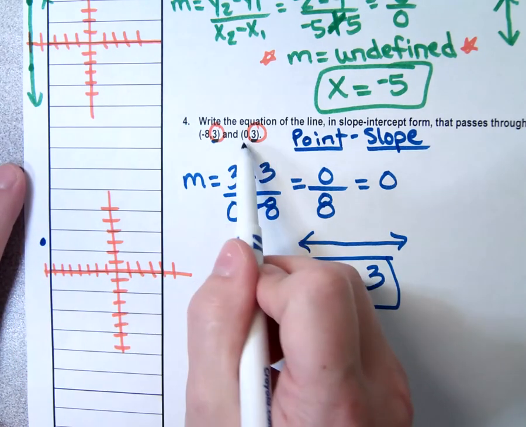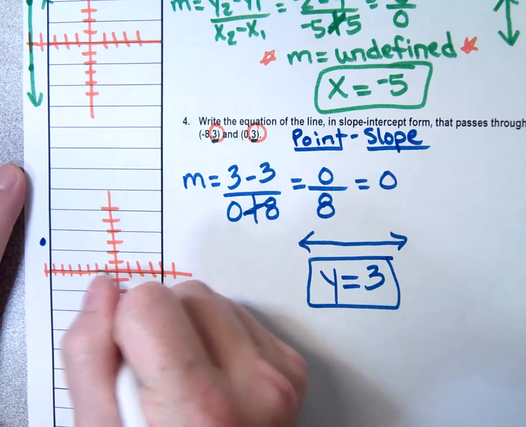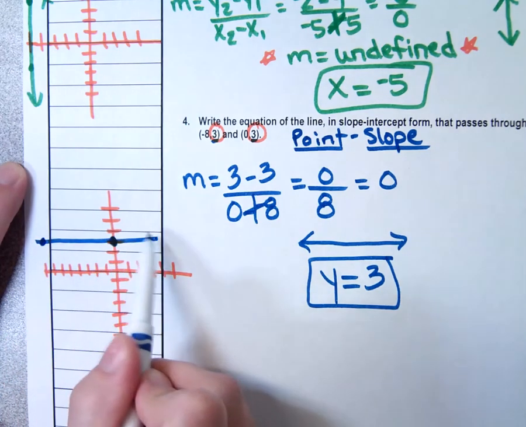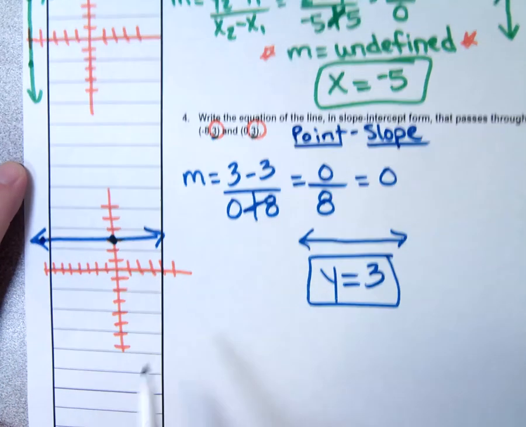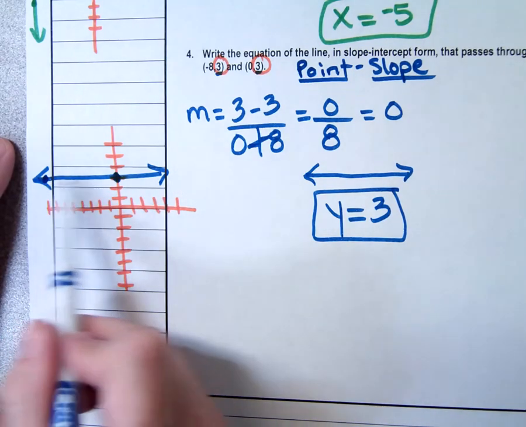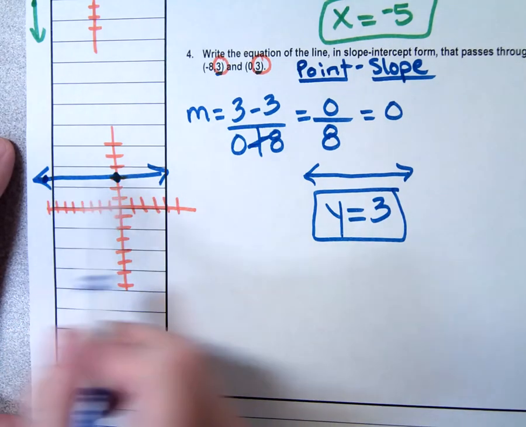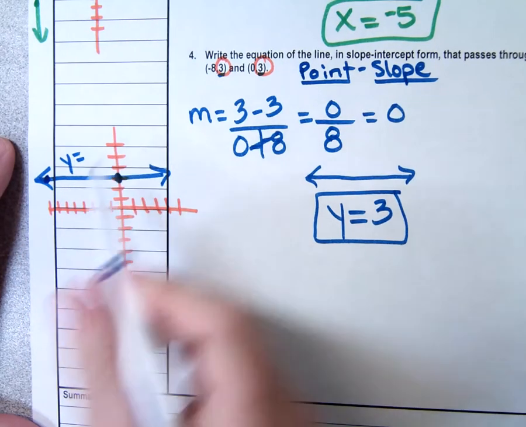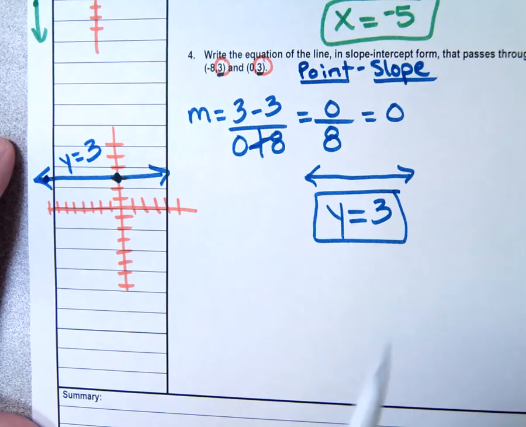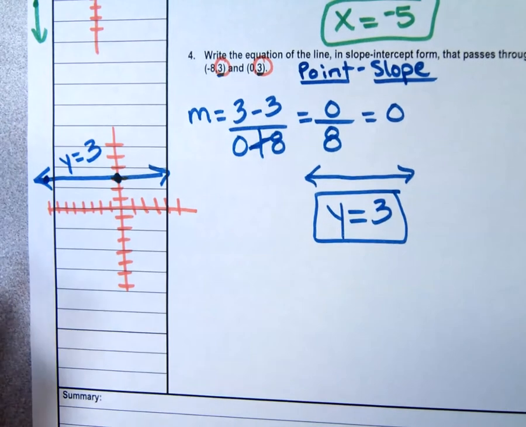If I want to plot the point 0, 3, I don't go right or left, I just go up 3. If I connect these 2 points, you can see it is a horizontal line. And which axis does this horizontal line cross? It only crosses the y-axis, so that's why it's y equals, and everywhere on this line, the y is 3, which is what we got.